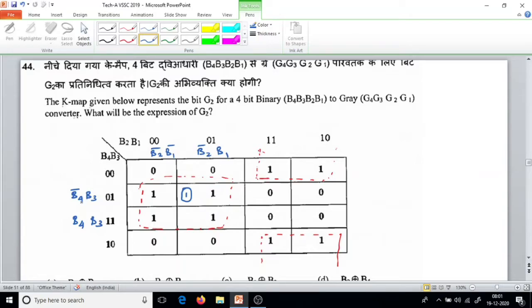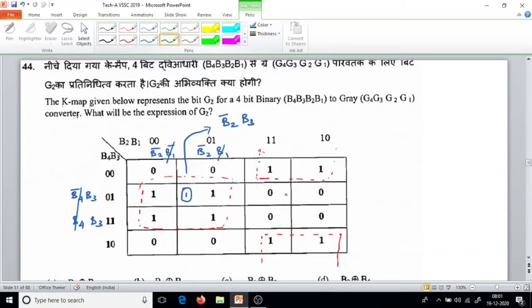Now if we combine, B4 cancels, and B1 bar and B1 cancel. So when this quad is simplified, we get the output B2 bar B3. We got it from the first quad.